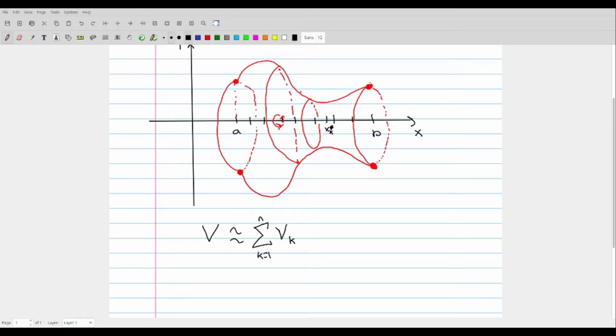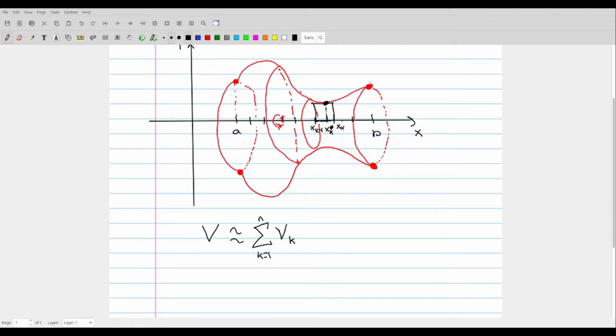So if xk star is the sampling point in the partition piece xk minus 1 to xk, so this is the kth partition piece, and the value of the function is sampled at this point xk star right here, we have an approximation at xk star to the total area under the curve in this partition piece.